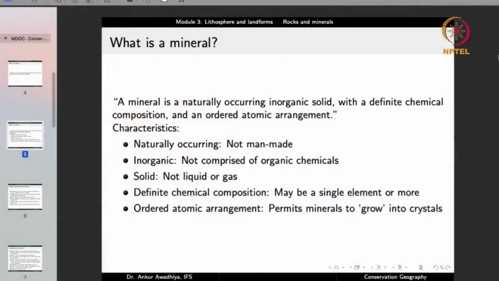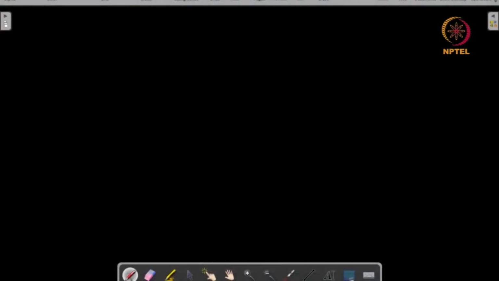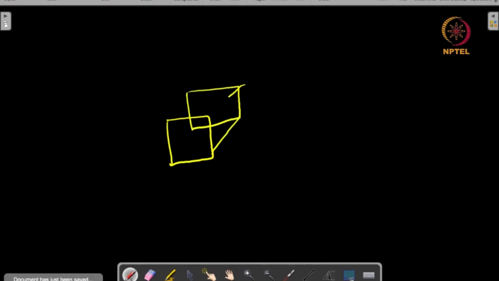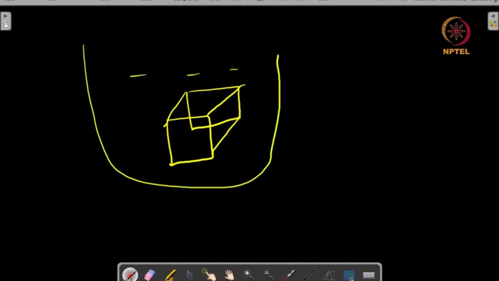Now because minerals have an ordered arrangement, it permits them to grow into crystals. Now how will they grow into crystals? Because if you consider, say, a mineral, say sodium chloride itself, and suppose you have a small crystal here and you keep it in a solution, and in this solution you also have sodium chloride that is dissolved inside.